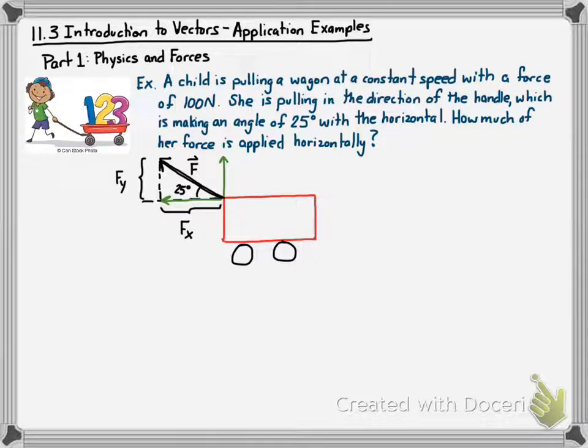Again, I can write down my force vector as the x component and the y component, and what we are looking to find is a value for Fx, the x component of our vector.